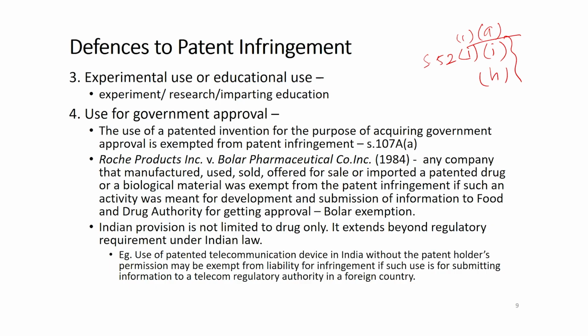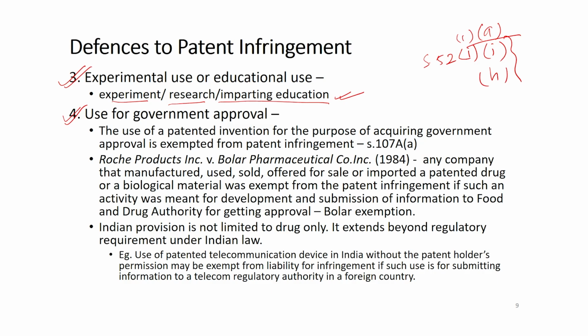So, the third clause is exemption if I am using your product for doing my experiment, for doing my research, if I am using your invention in the course of imparting education, I am exempted from liability. The fourth one is important, it talks about use for government approval.